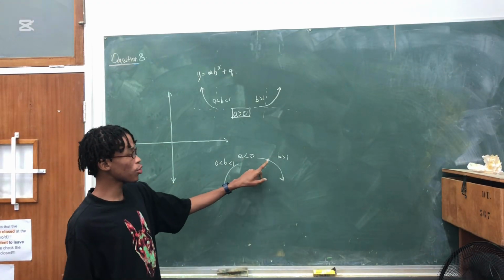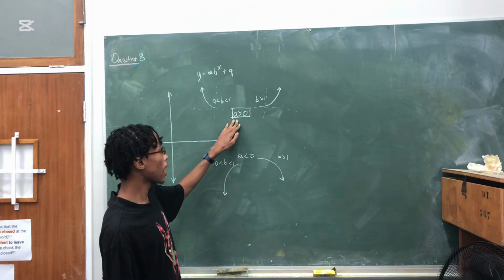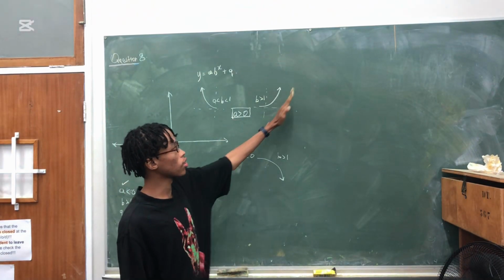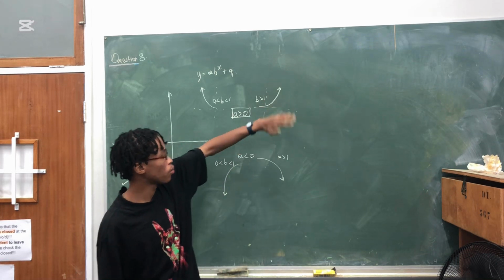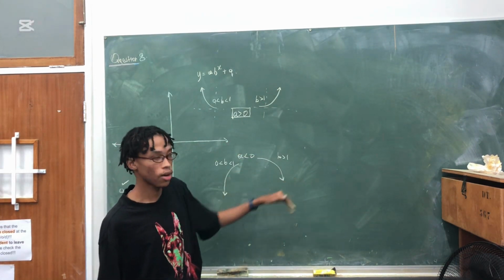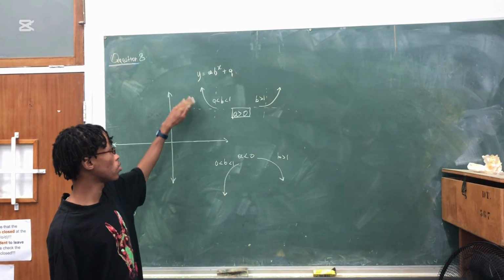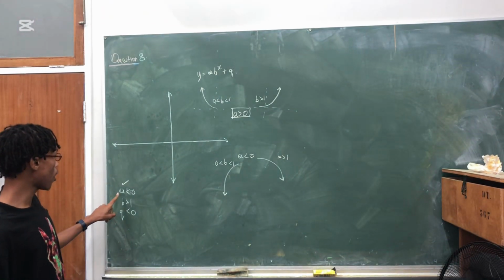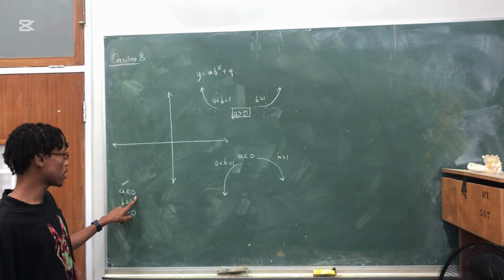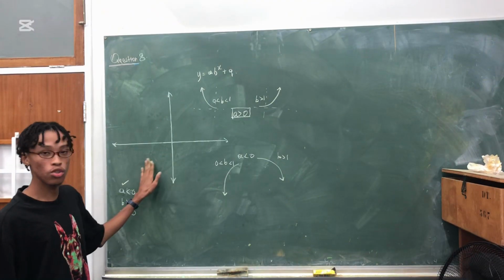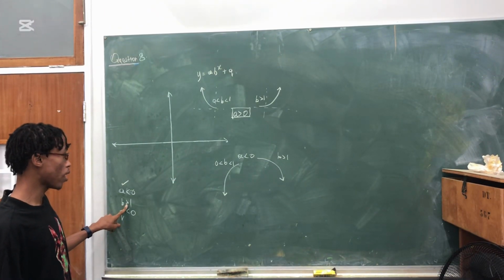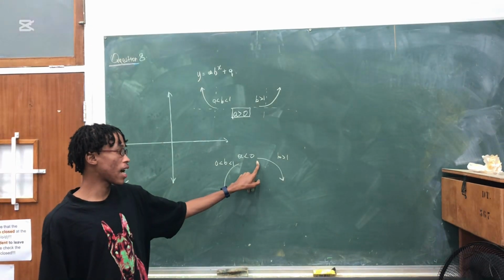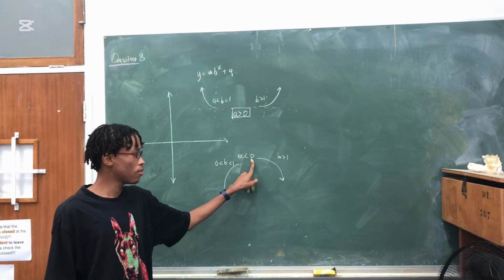So when B is greater than 1, with A being greater than 0, the function goes up. But when A becomes negative, it reflects down here. The same goes for these two. So we already know that our A is negative, meaning it occupies these two positions. We already know that our B is greater than 1, meaning that it has to take this shape, from this to there.